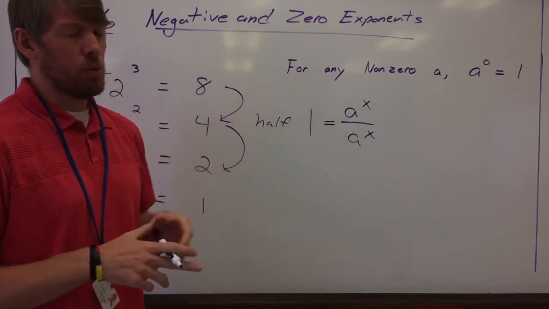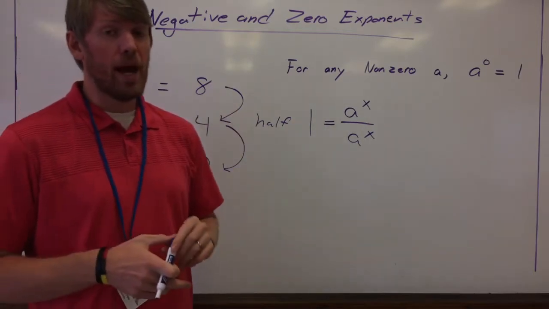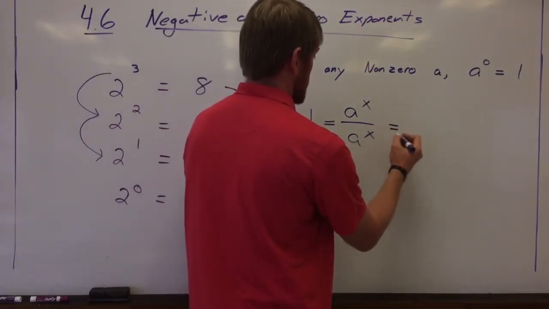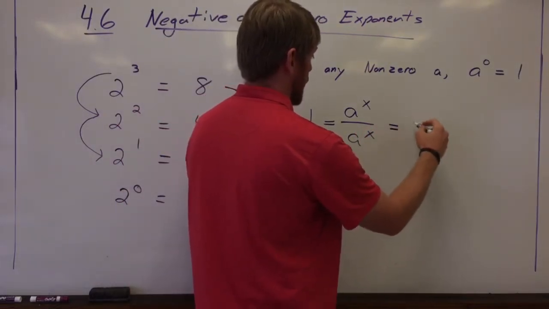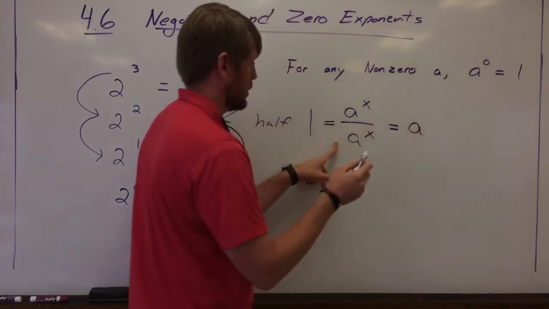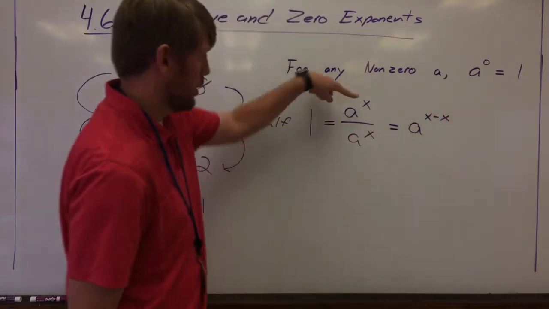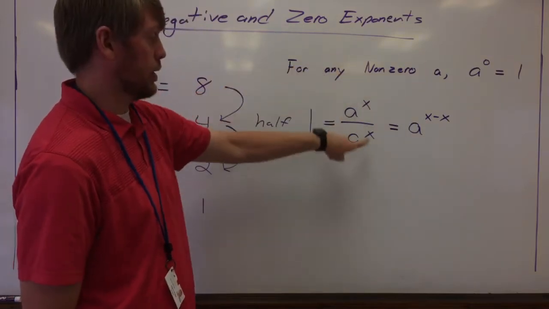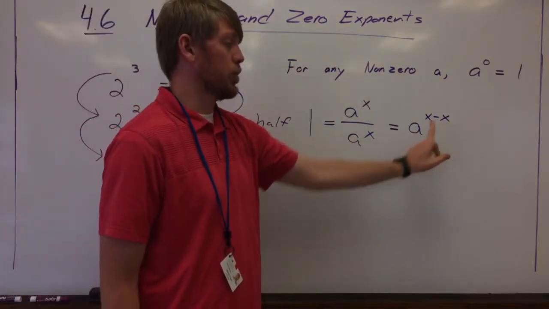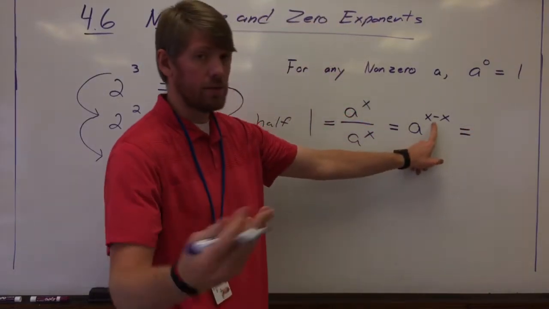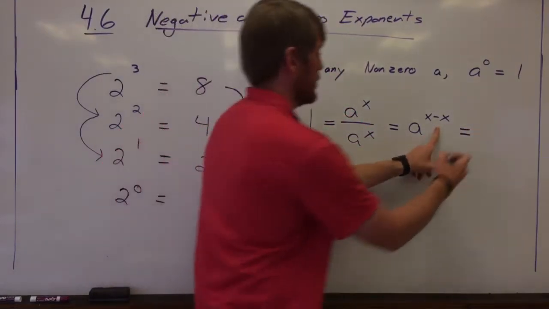In the previous lesson, 4.5, we learned that when you have a quotient of powers where the bases are the same, to evaluate the expression, you subtract the exponents. So I would have a to the x minus x, because this exponent is x and this one's x. The base stays the same, and we subtract the exponents. If I have x things and I subtract x things, now I have 0 things.